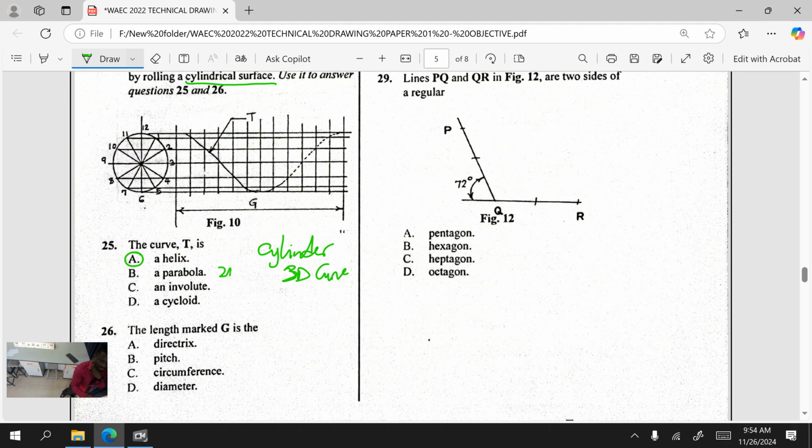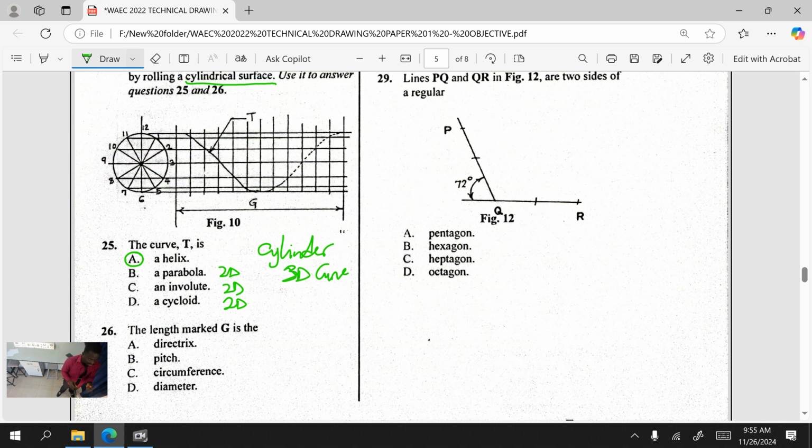A parabola is a 2D curve formed on a conic section. An involute is a 2D curve. A cycloid is a 2D curve of a point on a circle rolling on a straight path. So please take note. They asked this question twice. There is no need for bringing up this drawing for question 25, but I think it's because of 26 that they brought up the drawing.